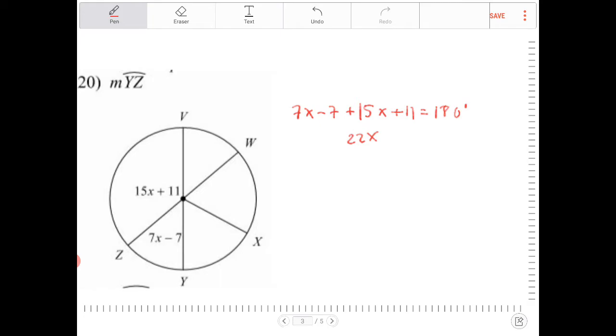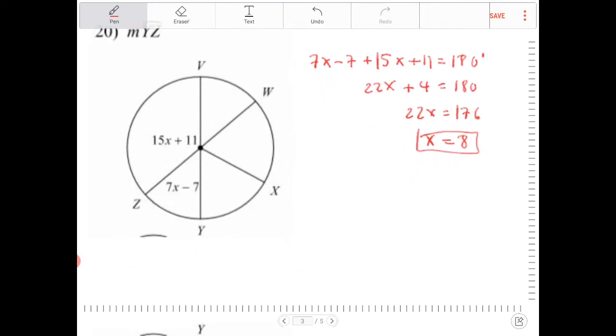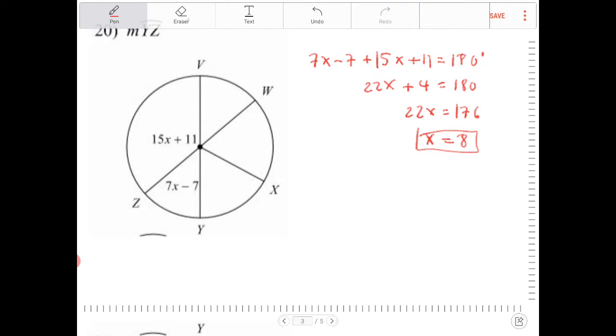Negative 7 plus 11, that is 4. Subtract both sides by 4, I get 176. And divide both sides by 22, I believe that is 8. So if x is equal to 8, then arc YZ will be 56 minus 7, so that's 49.